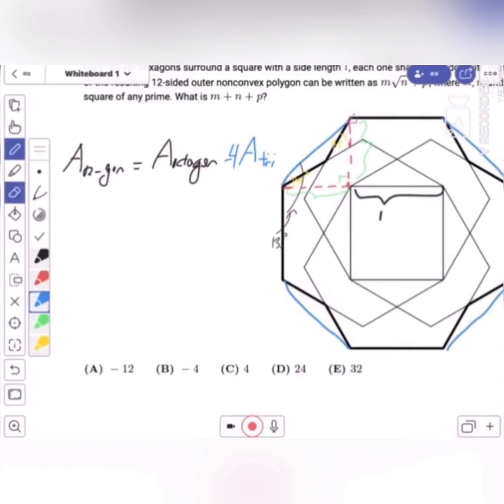Since by symmetry again, these 4 triangles, they're equal in area, right? They're equal in area, so therefore we can just multiply the area of the triangle by 4 to get the total area that we have to subtract out.